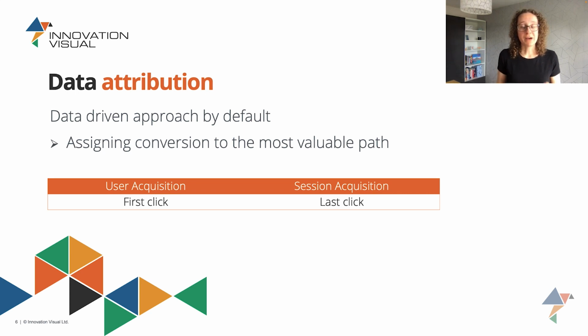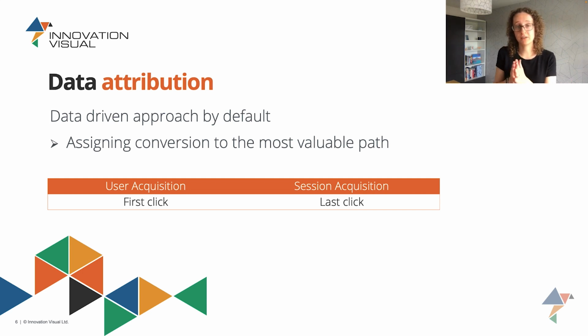Some things you might notice as well is that some reports will have different data attribution. So be careful when you look at a specific report to understand which attribution it's using. A good example is the acquisition reports. The user acquisition will use first click. It means that it will attribute all the value of the conversion to the first click, the first interaction.